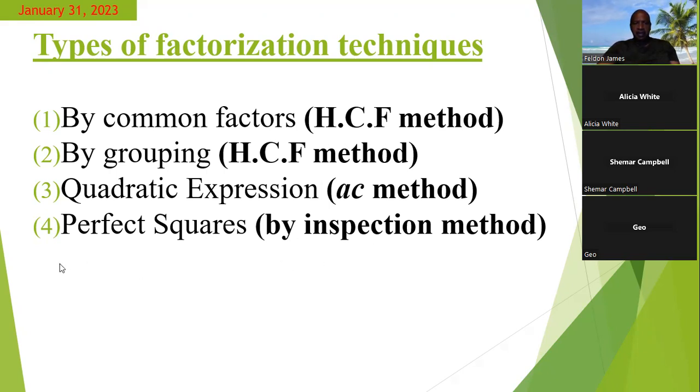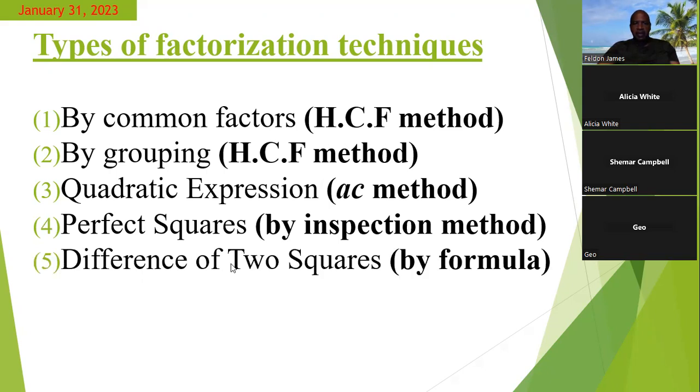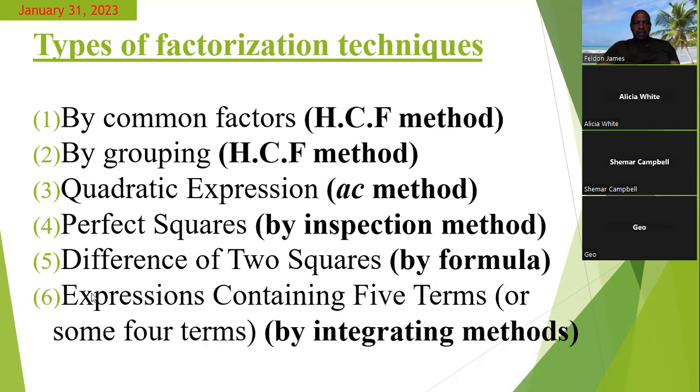All of that will become clearer when we are going through them. We have difference of squares, and this will be done by a formula. And here we have some expressions consisting of 5 terms or 4 terms.